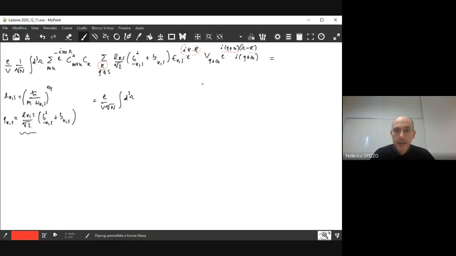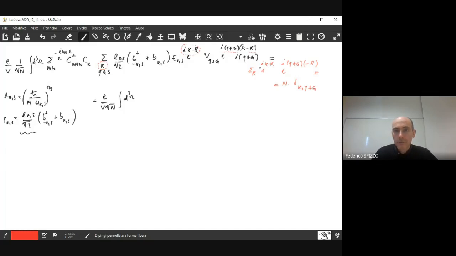So in this picture, if I make this summation over r of e to the I k r, then I have e to the I q plus g times minus r. This is equal to n times delta k, q plus g.